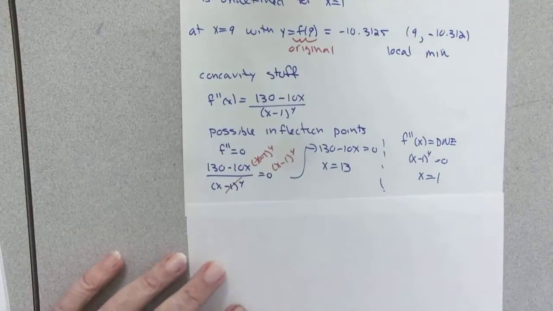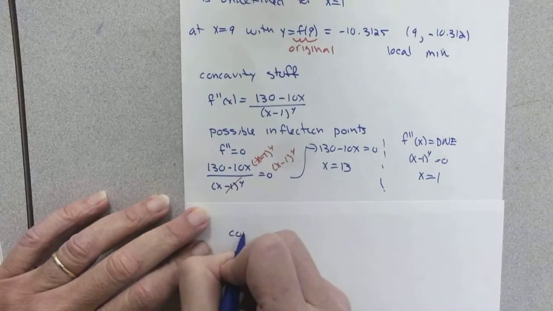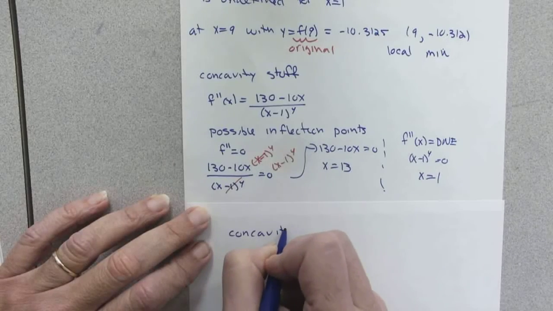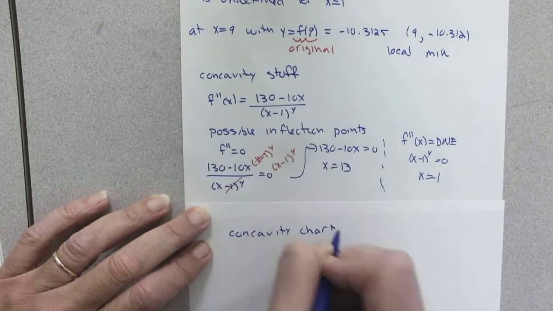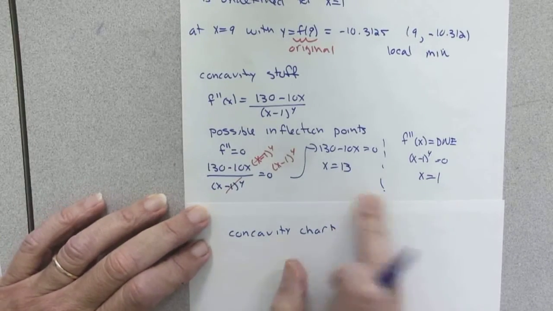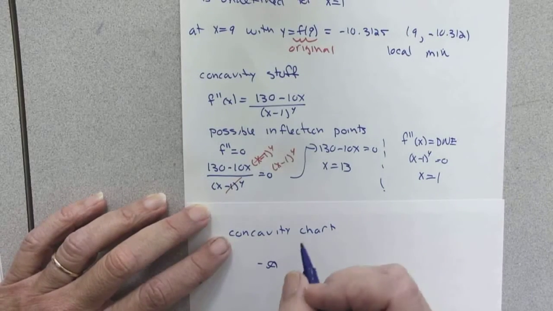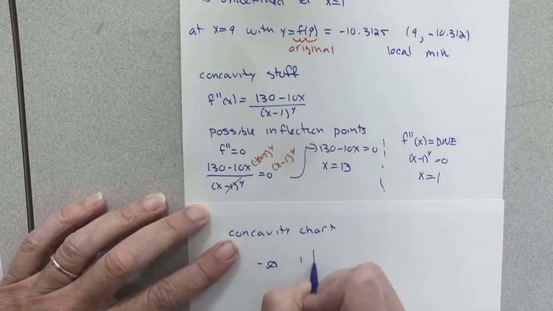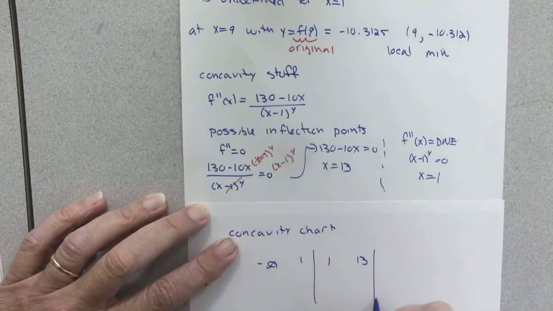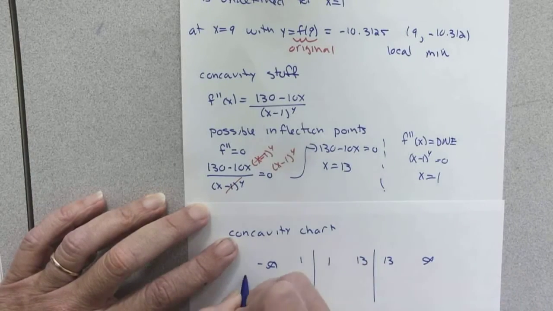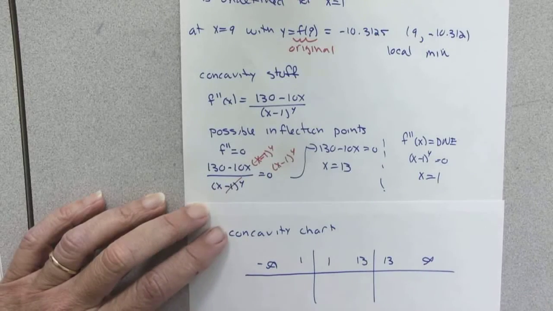Now I make my concavity chart. So I had possible inflection points of 1 and 13. So negative infinity to 1, 1 to 13, 13 to infinity.